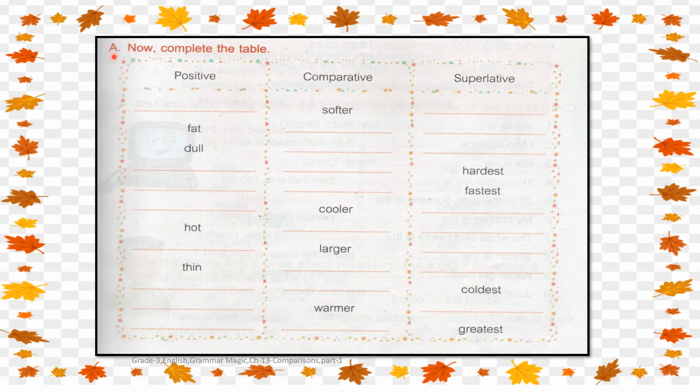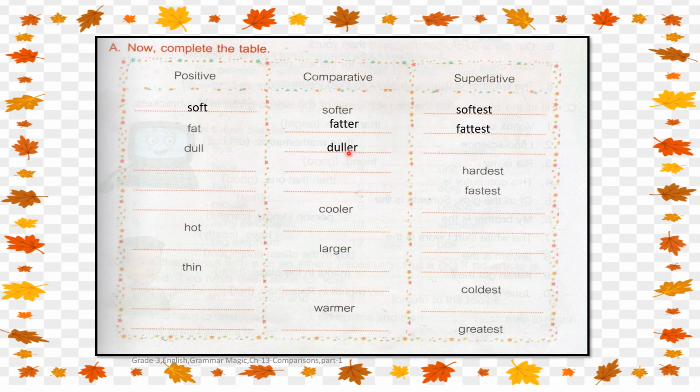An exercise, children, everyone solve with me and write the answers. Okay, children? First one, positive, soft. Softer, softer becomes softest. Fat, fat becomes fatter, fattest.